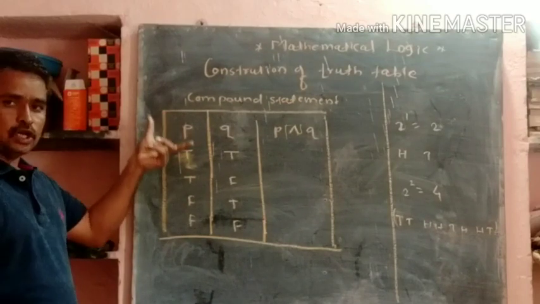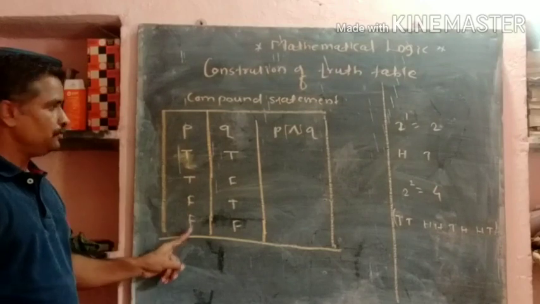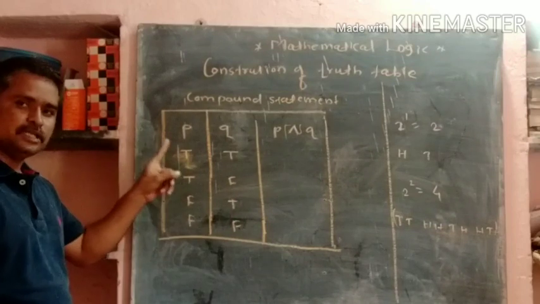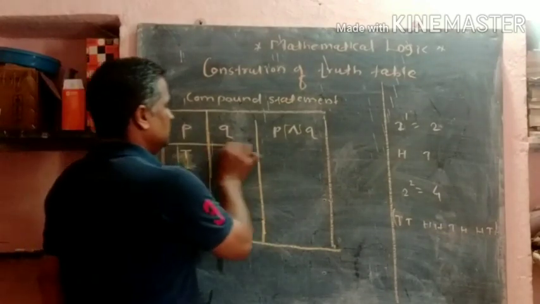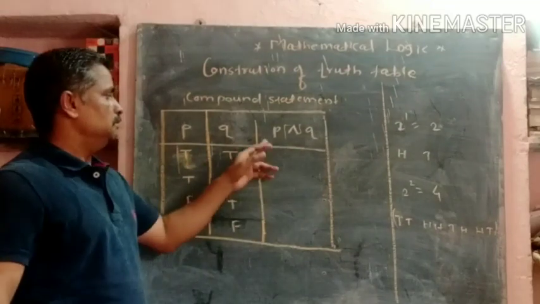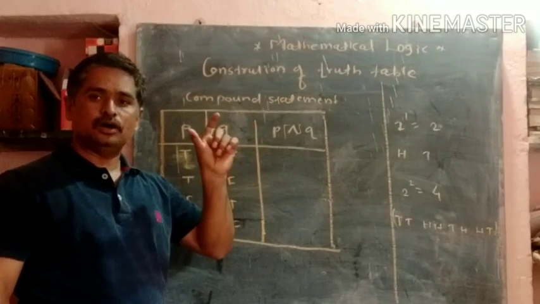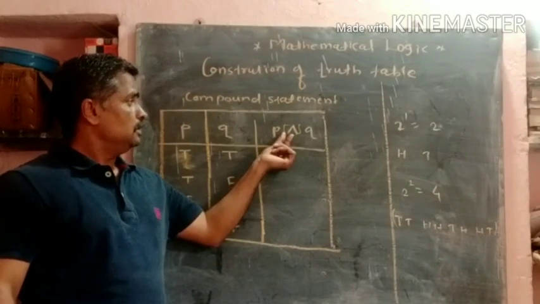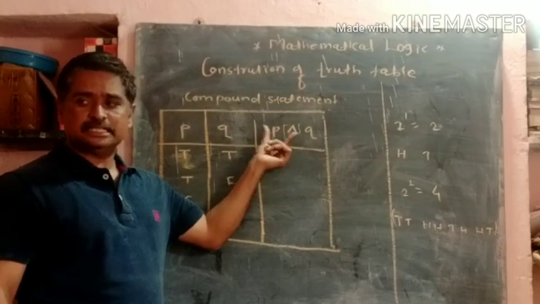T means true and F means false. Now we use the operation, conjunction, on it. That is the first table of our operation, conjunction.